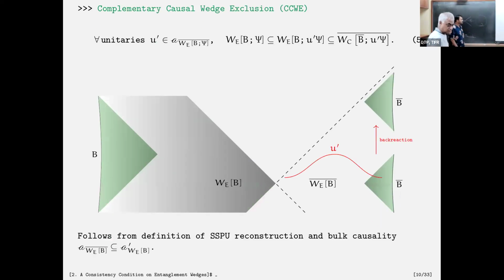What I will extend this to is something called complementary causal wedge exclusion. It says that any EFT unitary on the entanglement wedge of B bar, remember I can't take the bar inside the brackets here in general, the space-like complement of this region, acts with a unitary here, and it should not be possible to move the causal wedge of B bar outside the complement. This is complementary causal wedge inclusion.